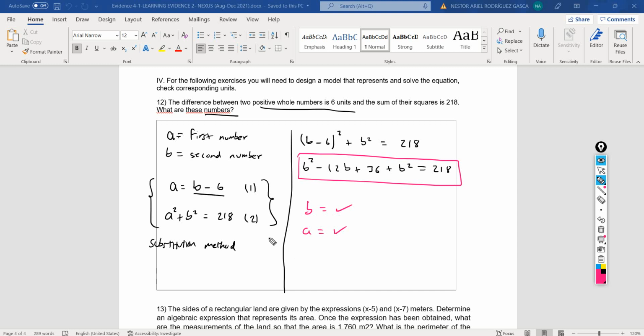And if you notice, I erased the other possibility, right, of b being equal to a minus 6. When you solve it by using this other branch of the possibilities, because I repeat, guys, both this and this equation represents this idea that the difference between two positive whole numbers is 6 units. Both of these, okay?